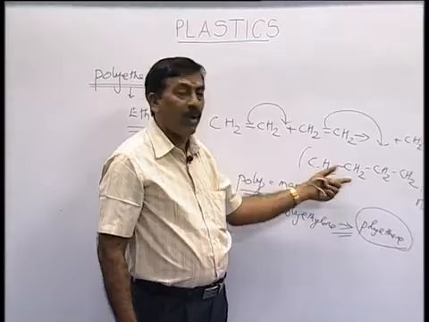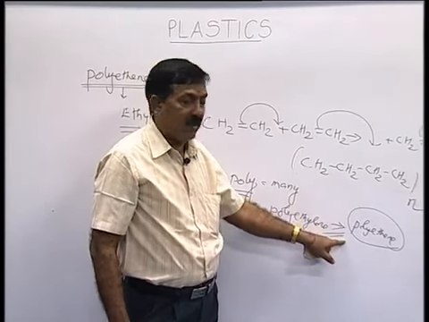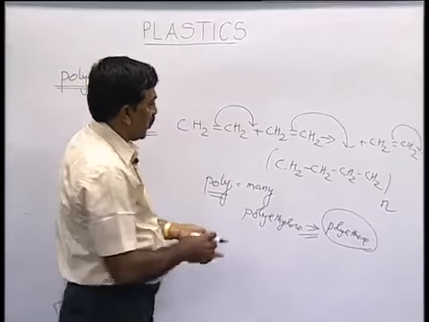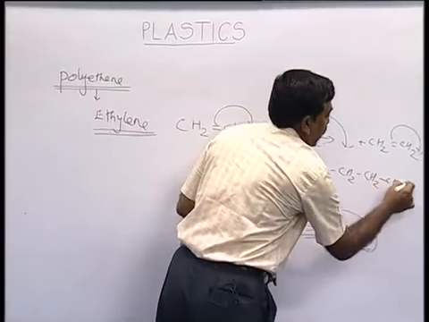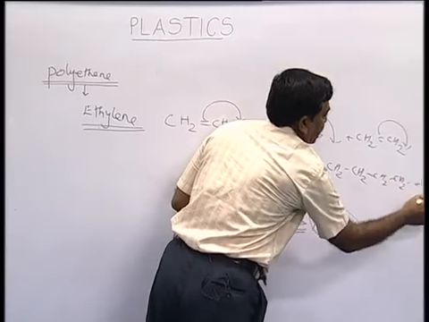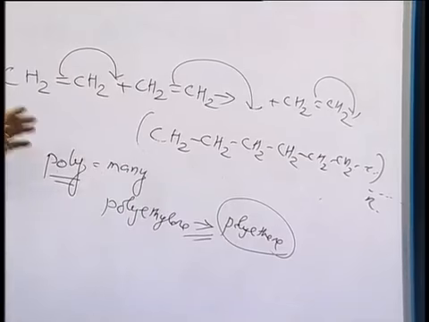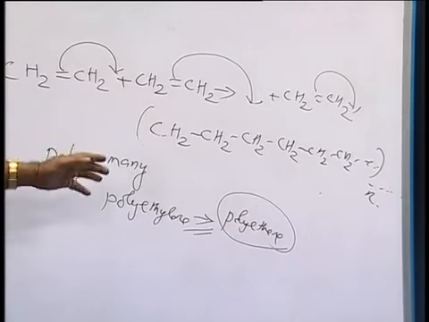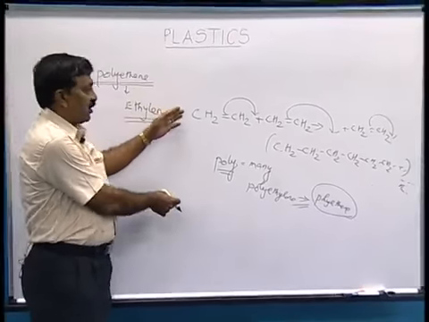That product is called polymer product. So this polymer product is called polyethylene. This compound is formed like a chain. So this product is always called as chain growth polymer product.